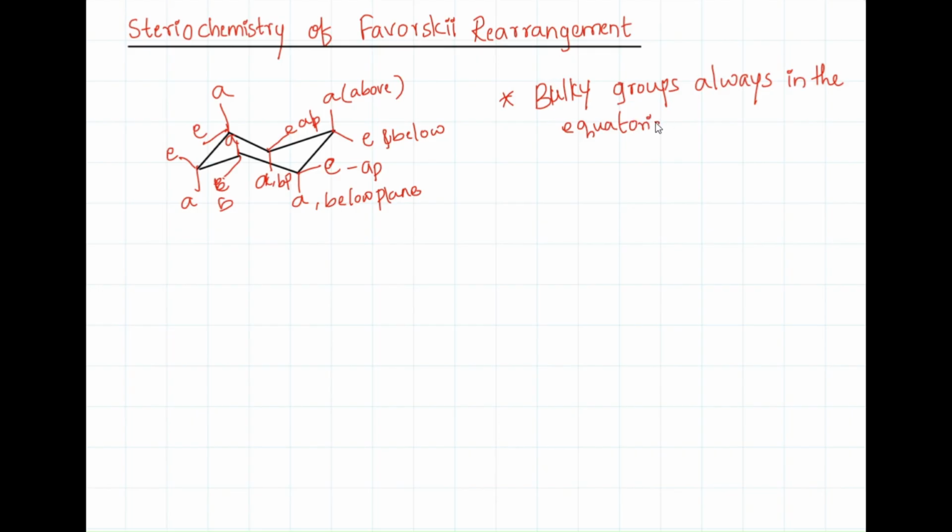Consider an example for this: if the substrate is given like this, above the plane Cl will be present and the isopropyl group will be present in the para position, right? The base is NaOMe, right? It is an alkoxide, sodium methoxide. What will be the product?